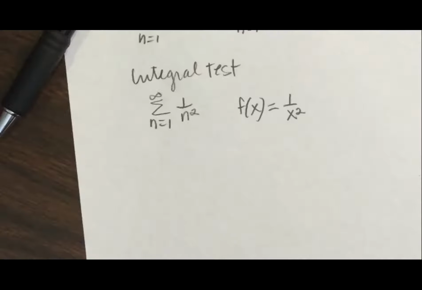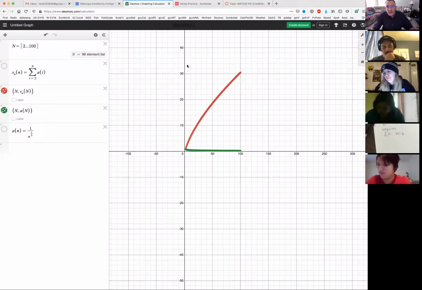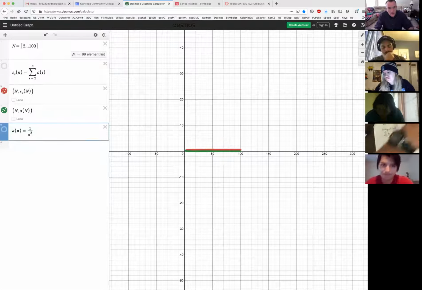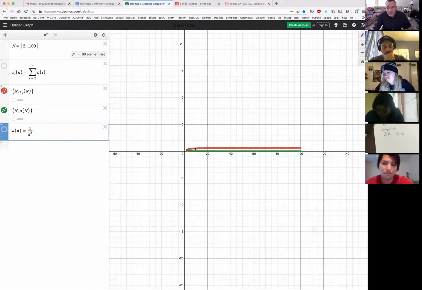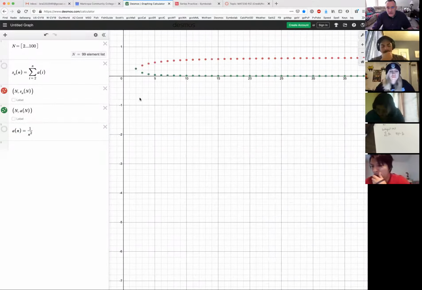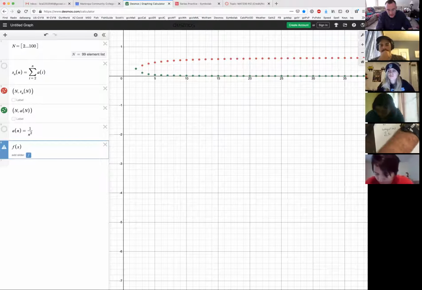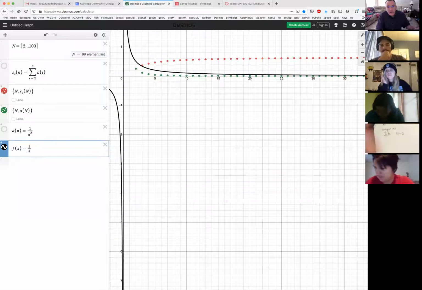So the first thing that you would have to check, let's see if I can get back over here, is my series now, right? Is my series 1 over n squared? Whoops. 1 over n squared. Is my series, the green dots, following my function f of x equals 1 over x squared?